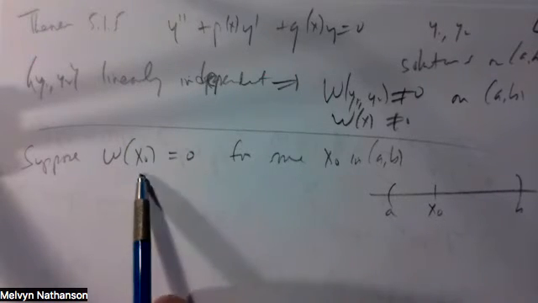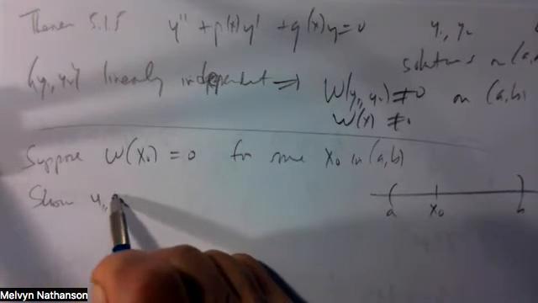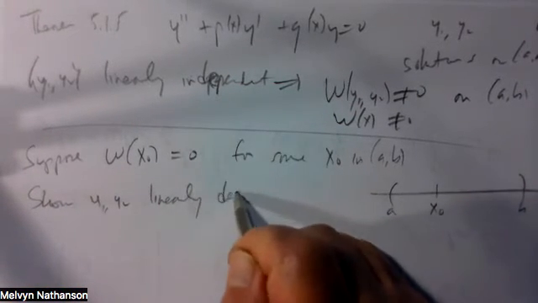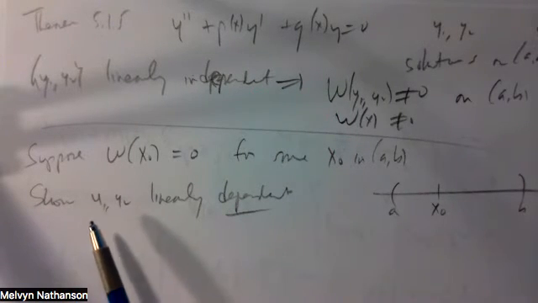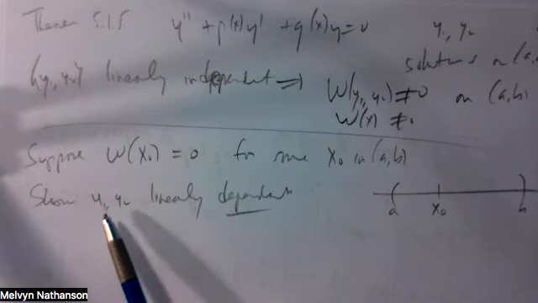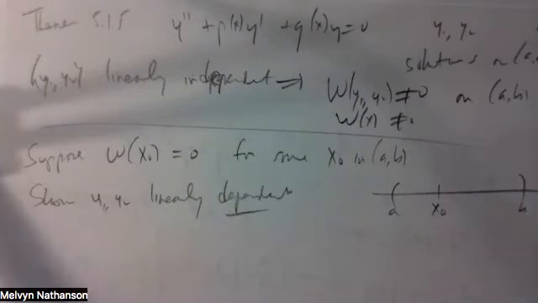I want to show that if the Wronskian is ever equal to 0, y1 and y2 are linearly dependent. That is, one is a scalar multiple of the other. If y1 is always 0, then y2 is a scalar multiple. Let's see, how do I want to say this?